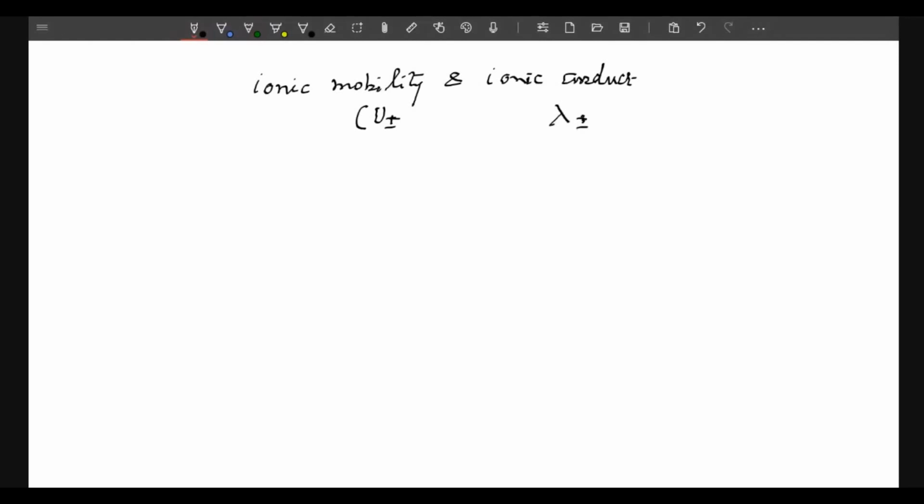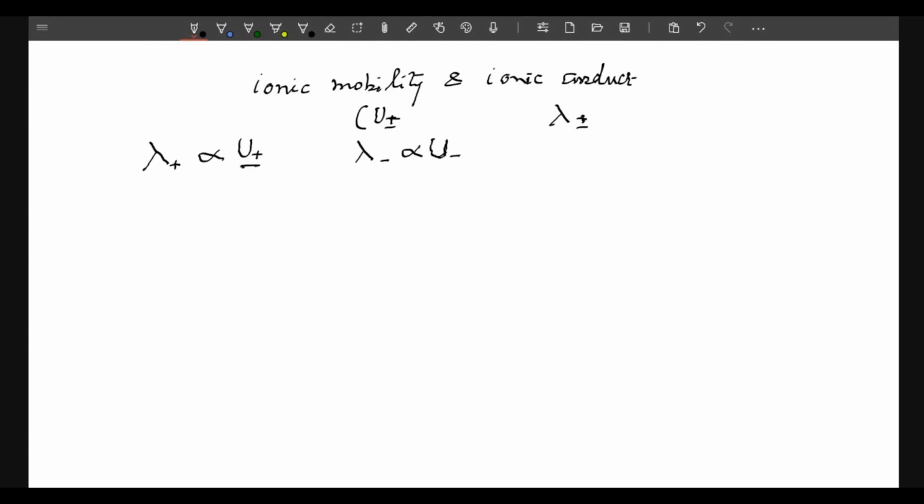The equivalent conductance of a cation is directly proportional to the mobility of the ion, U plus. Similarly, lambda minus, the anionic conductance, is directly proportional to the mobility of the minus ion.